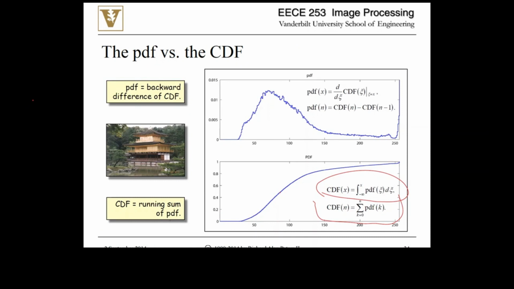Where does it grow very quickly? It grows quickly where the probability density function is high, because we are adding values. In this area, the values we are adding are pretty small, so the cumulative distribution function is pretty flat. But in this area, the values we are adding are much bigger. That is why it grows much more quickly at the beginning of the gray intensities than at the end.